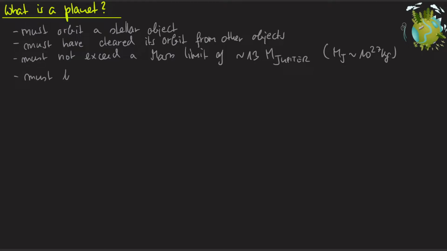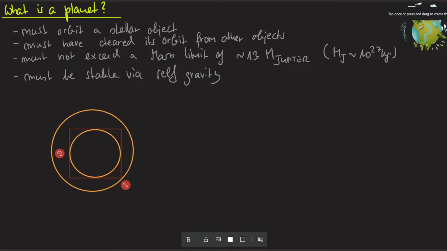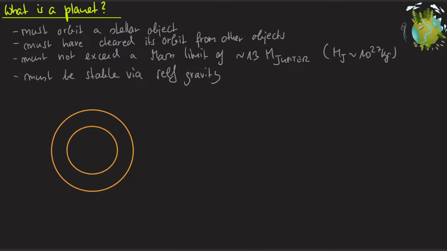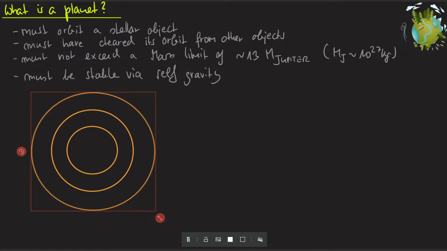The last point is it must be stable via self-gravity. So it must have reached hydrostatic equilibrium. Now if we have a star, which is also stable via self-gravity, we have all these layers and gravity forces pressing on the star, and then we have the gas pressure pushing back outside, so maintaining this equilibrium.